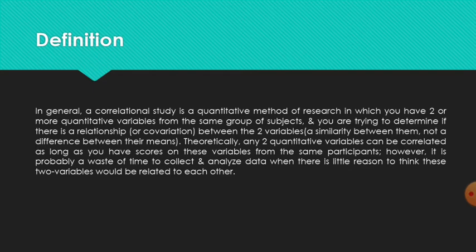For example, there is a relationship between intelligence and academic achievement. That is, persons who get high scores on intelligence tests tend to have high grade point averages, and persons who get low scores on intelligence tests tend to have low grade point averages.